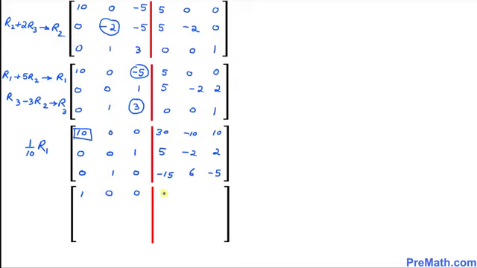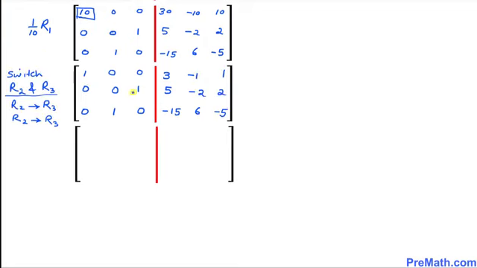On this side it is going to become 3, negative 1, 1. The rest is going to stay the same, 0, 0, 1, 5, negative 2, 2, 0, 1, 0, negative 15, 6, negative 5. And finally, we are almost finished.